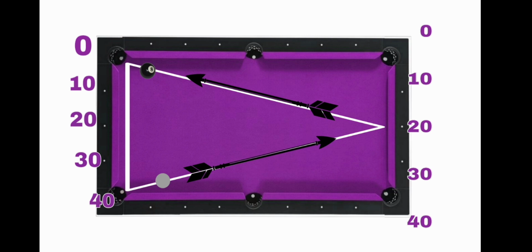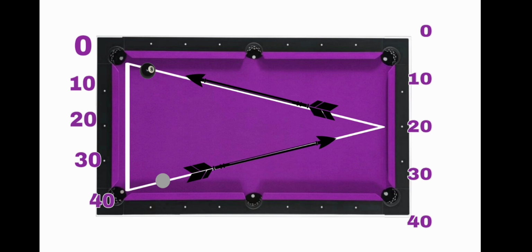Between 0 and 40 is 20, and that's how it's going to work every time for this specific system: half of 40 is 20, so we're going to go from 40 to the 20 diamond, and then it'll come back to 0.